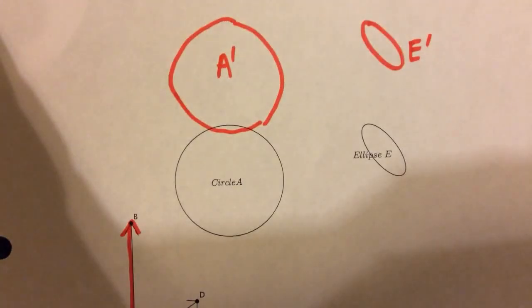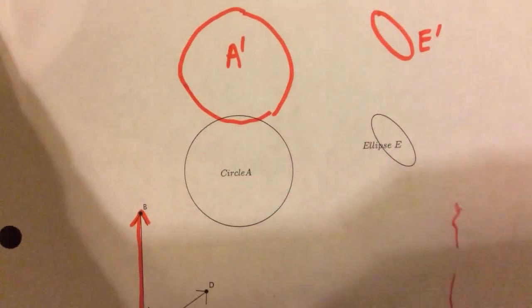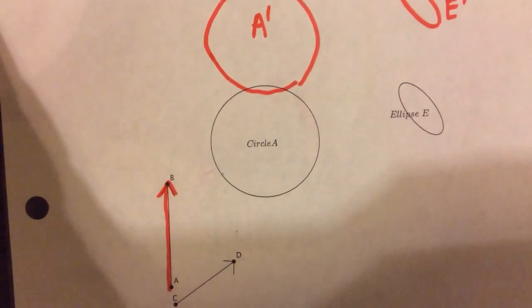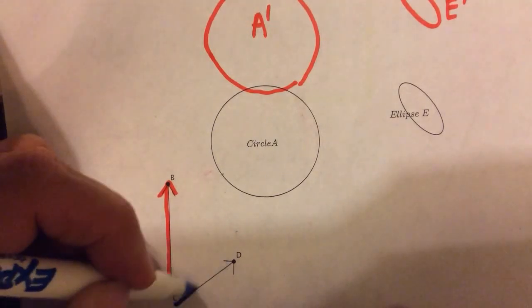Okay, now we're going to use this other vector here. Feel free to play this in double speed if it helps, if you know what you're doing here, or even fast forward. All right, so we got a clean overhead sheet again. We're going to trace out vector CD.